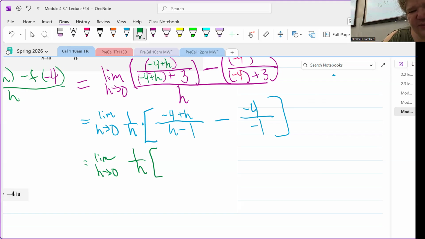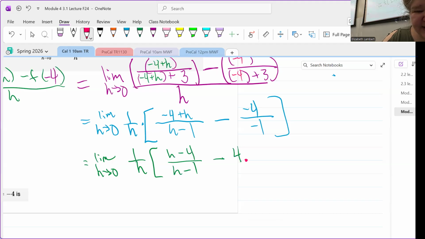All right, so negative 4 plus h, that's the same as h minus 4. Just looks weird like that, so I have h minus 4 over h minus 1 minus 4. Now, in order to combine the h minus 4 over h minus 1 with the 4, I need a common denominator.